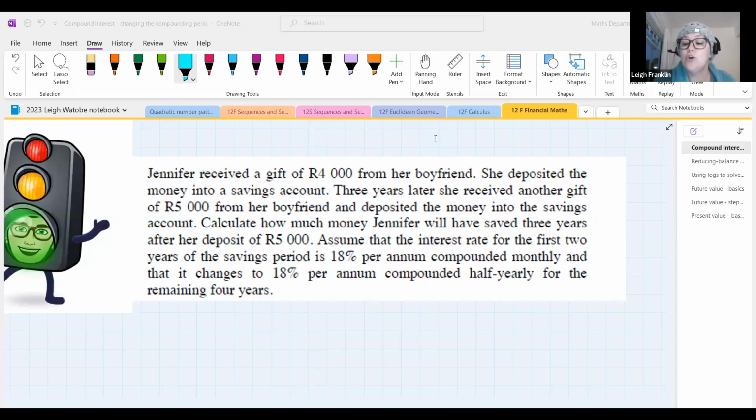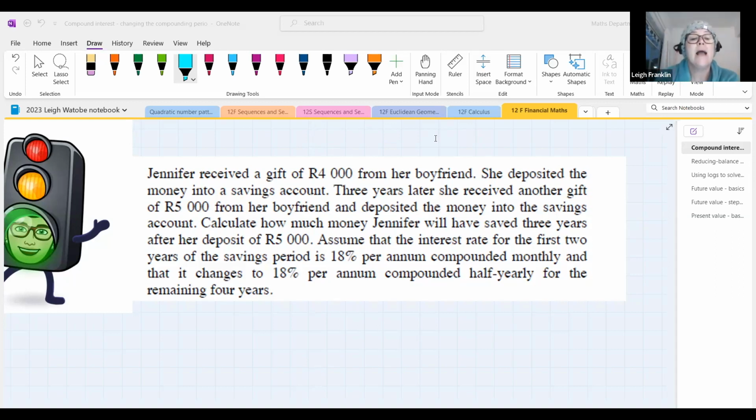Okay, so here we've got Jennifer. Jennifer is very lucky. She's got a boyfriend who gives her 4,000 Rand and she deposits the money into a savings account. 3 years later, she received another gift of 5,000 Rand from her boyfriend and deposited the money into the savings account. Jennifer's very lucky her boyfriend's giving her so much money.